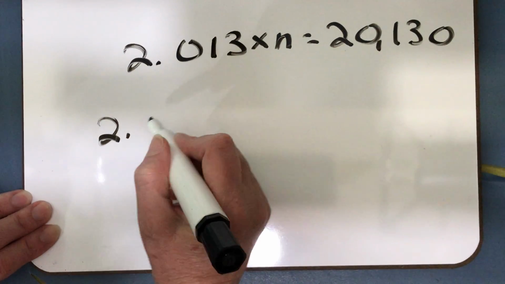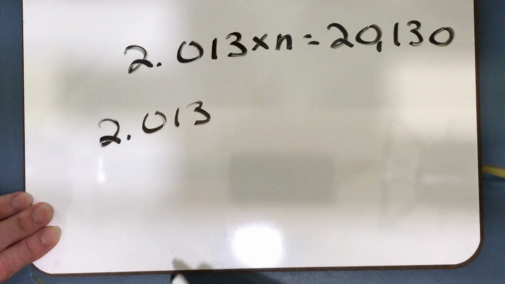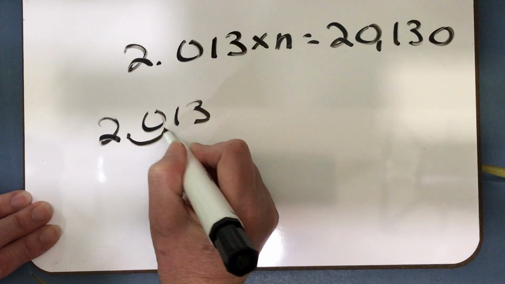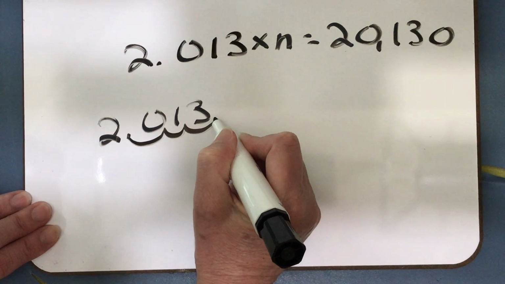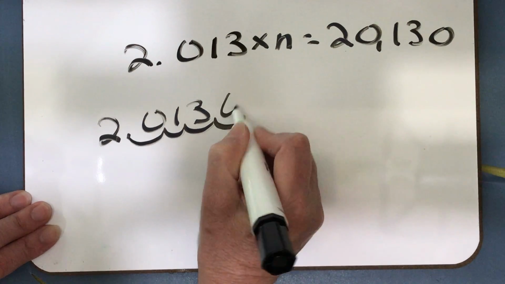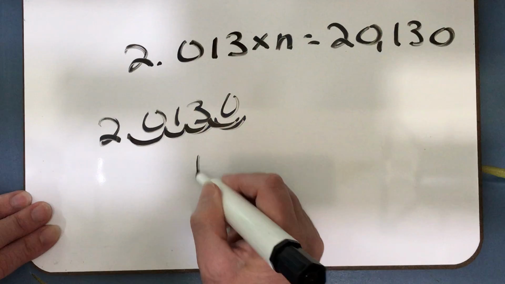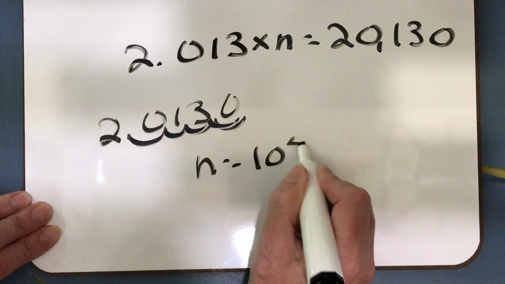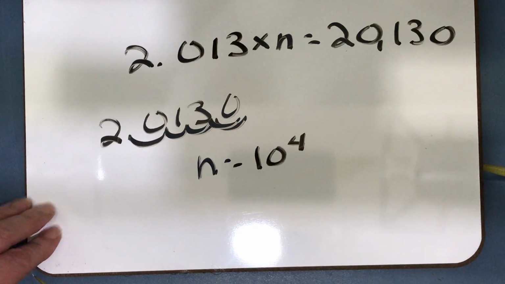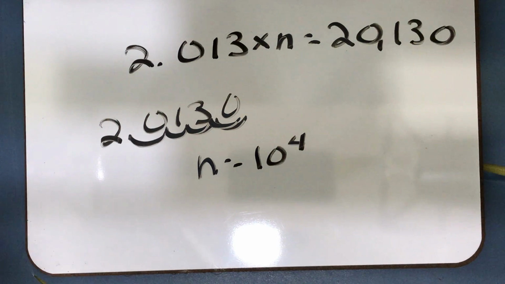So 2 and 13 thousandths. I'm going to go 1, 2, 3. I need to go one more place, 4, so that I can have a 0 here. So 1, 2, 3, 4. So n equals 10 to the 4th power. All right, so you just need to do 1 through 10 on page 196. Remember, you move the decimal point to the right the number of places, depending on how many zeros there are. Count your zeros, or look at the exponent.